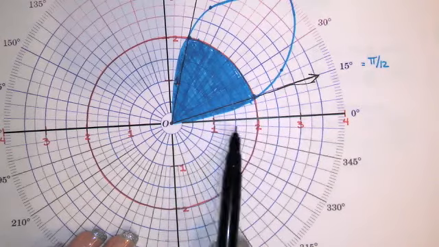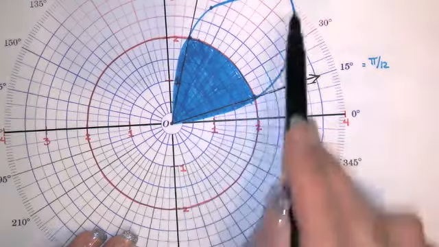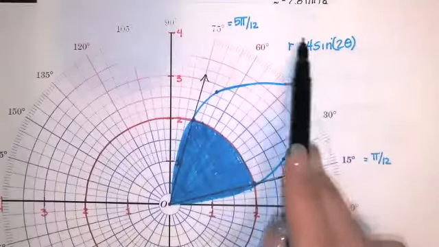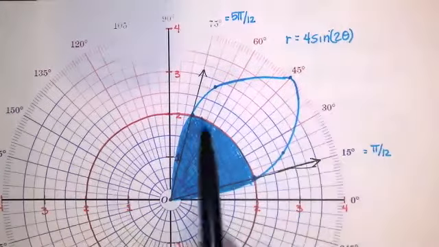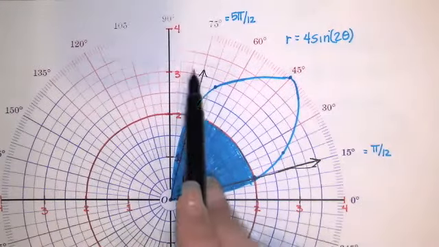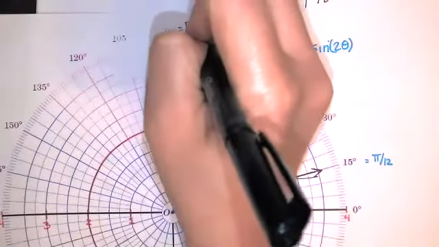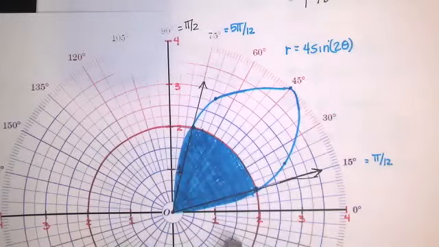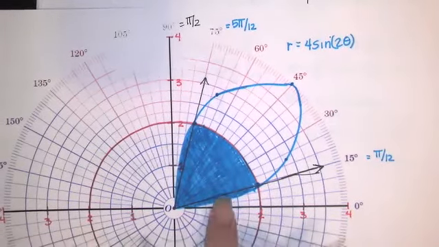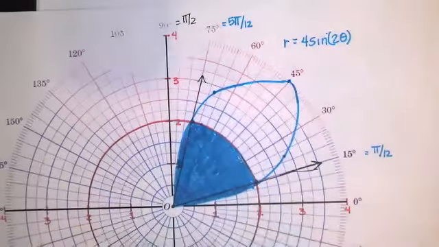So we've got an integral from theta equals 0 to pi over 12 of the equation of that rose curve to find that area there. And then we'll do the same thing from 5 pi over 12 to 90 degrees, which is pi over 2 radians, to get that area over there. Now I'm pretty sure by symmetry that area is going to be equal to that area, but let's verify it by doing the calculations.